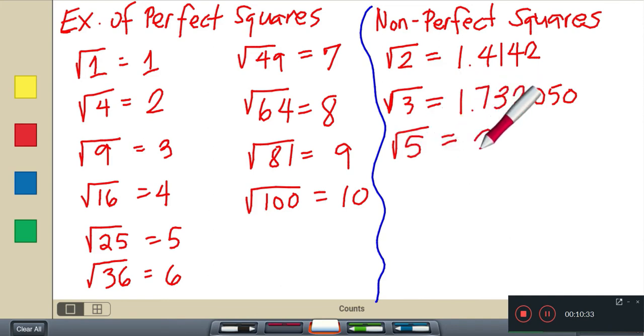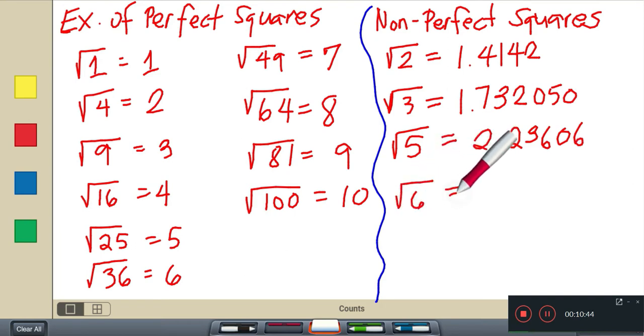It gives 2.23606. So that's another non-perfect square. Square root of 6 is a non-perfect square, which is 2.44948.